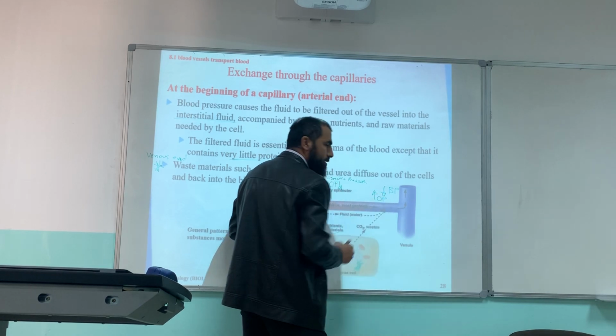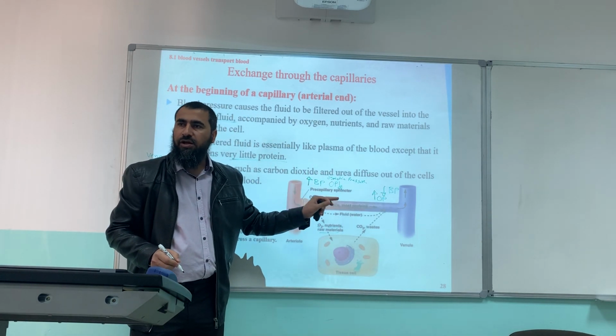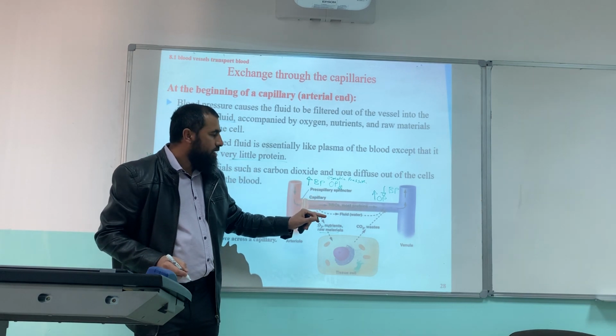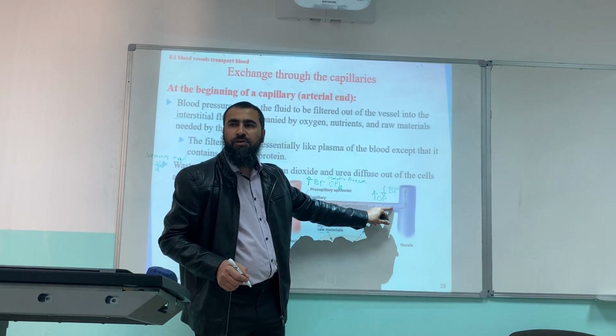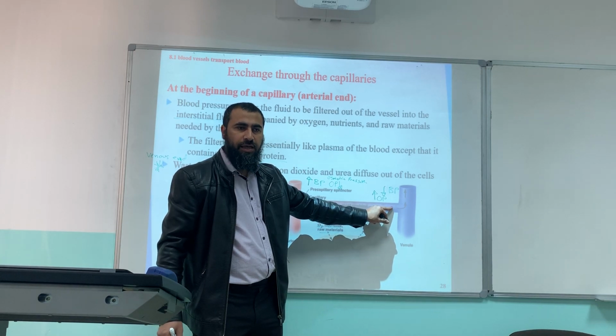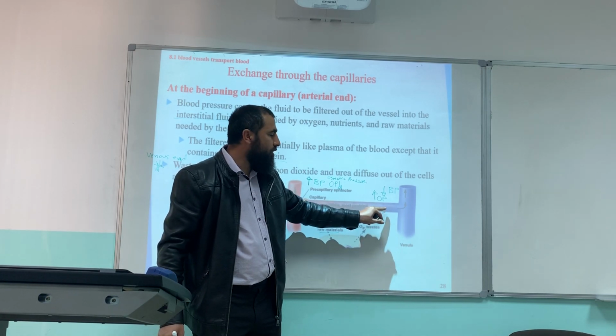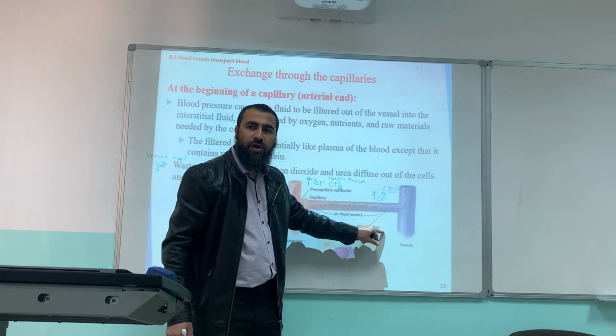You understand why the osmotic pressure is higher? The fluid once again returns to the capillaries at the venous end. When it returns, it carries with it carbon dioxide and waste.